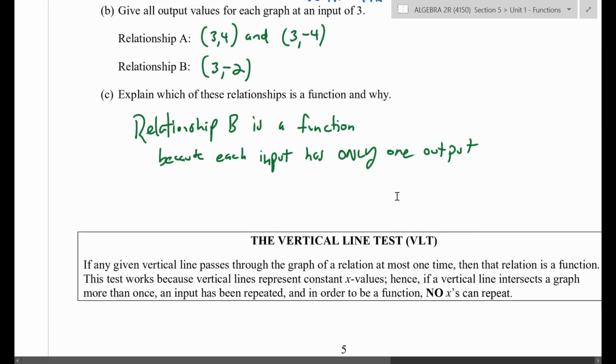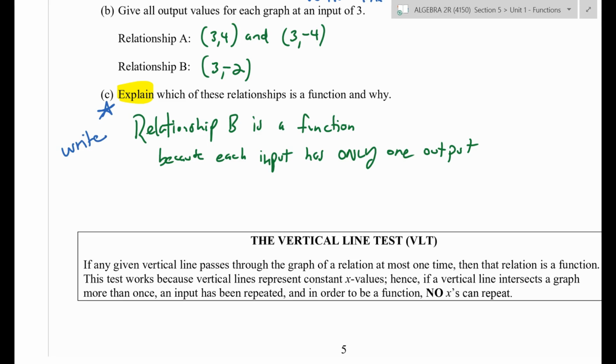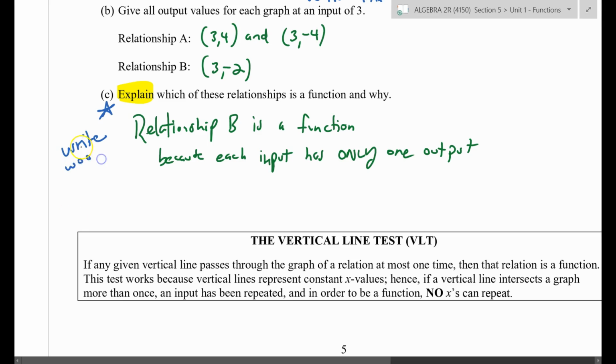Really quickly, I'm just going to slide back here for a minute. What word did you see at the beginning of example C? Explain. Guys, I want you to do me a favor, and I want you to star that word. When you see the word explain, you need to write words.